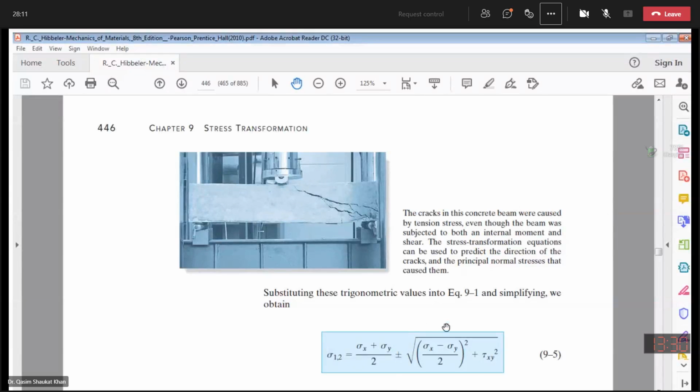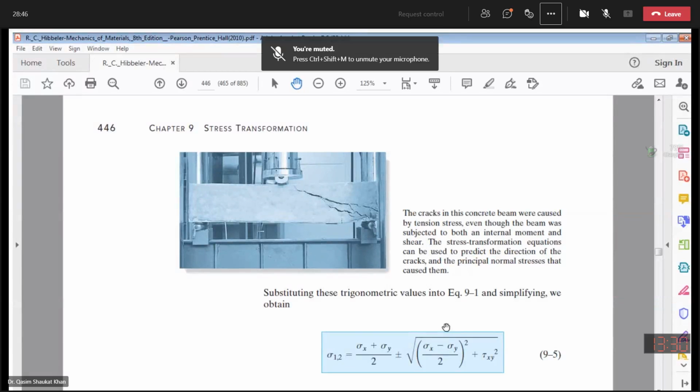So now you have two ways to calculate the major and minor principal stresses. First, you can calculate the orientation of the principal planes, theta P1 and theta P2. Then you substitute the value of theta P1 or theta P2 in equation number 1, that is sigma x dash is equal to sigma x plus sigma y over 2 plus sigma x minus sigma y over 2 cos 2 theta plus tau xy sine 2 theta.